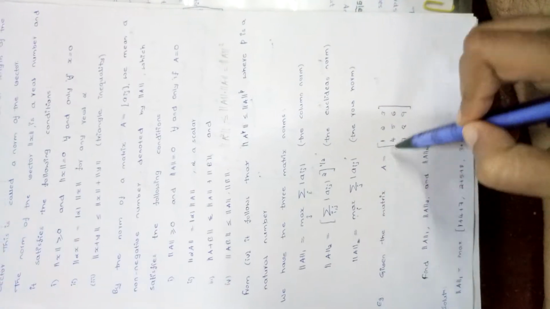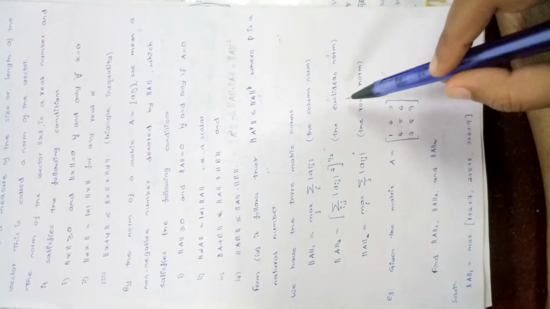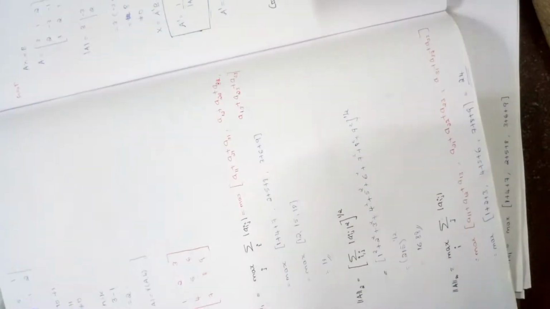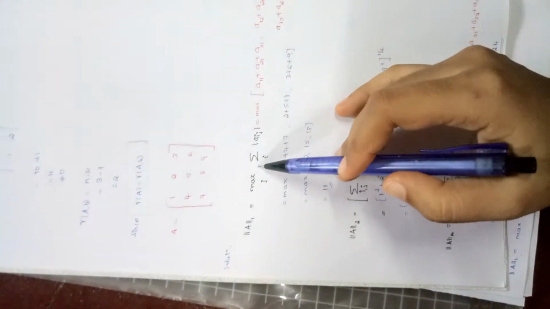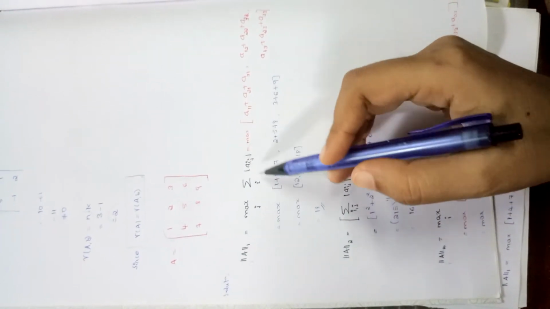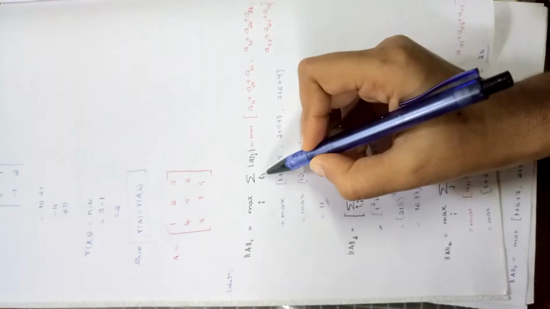Now consider this matrix. We need to find the column norm, Euclidean norm and row norm. The first one is the column norm. The formula for column norm is maximum of summation of mod aij, where i is the row.